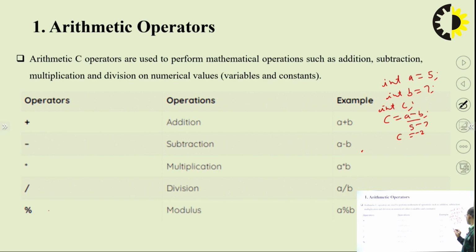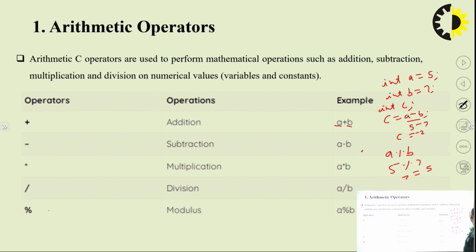Suppose we apply a modulus b, then it will give 5 modulus 7, which means the remainder will be 5. So this is used to calculate the remainder. One thing to note here is that these operators are performed between the variables, which means they are in infix form.